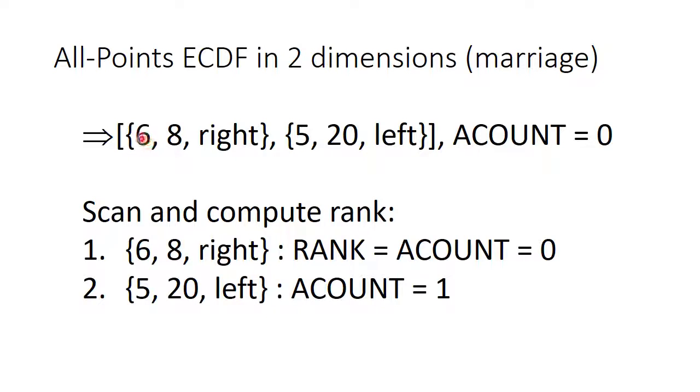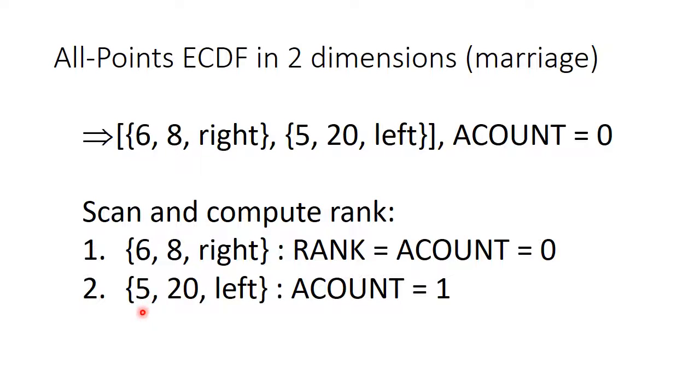So for example, in this case, our first step of scanning is we hit this 6, 8 that we know is from the right partition. And we know that the rank at that point is equal to the number of points on the left that it dominated. Well, that's equal to the number of points on the left we've seen so far, since they're arranged by y value, which is 0.